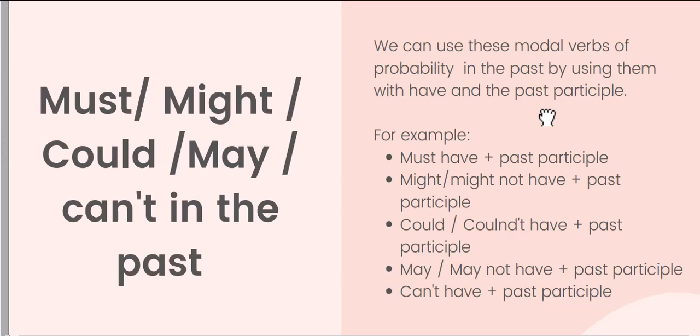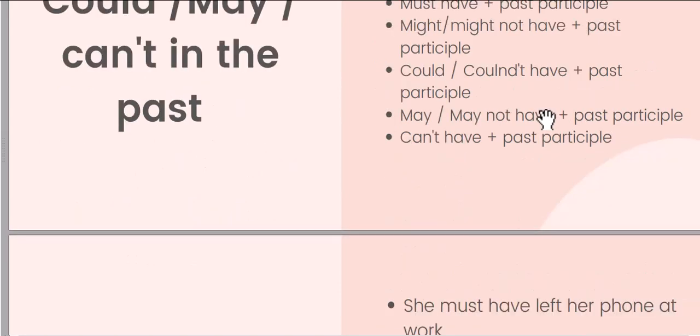And I hope not to forget it because this is so important. I have to explain first the modal verb in the present, and then in the past you add the modal verb plus have plus the past participle.